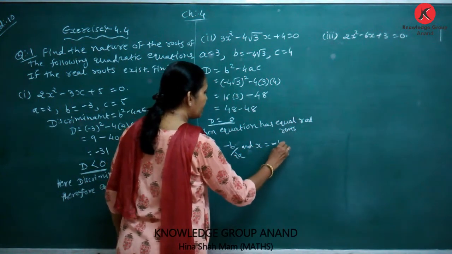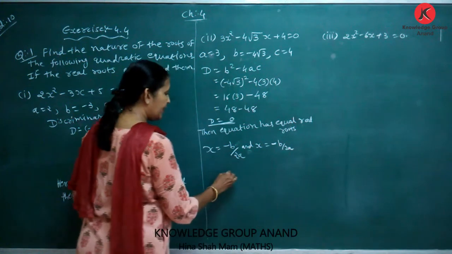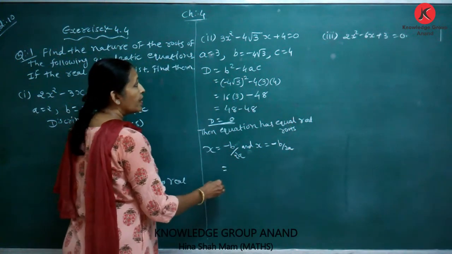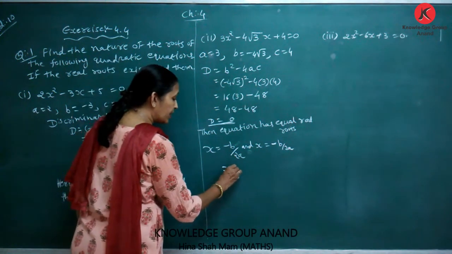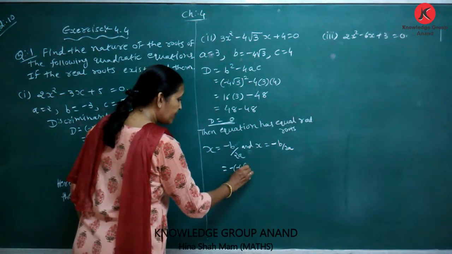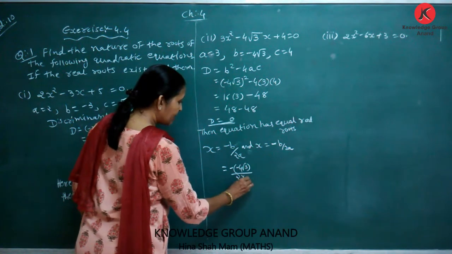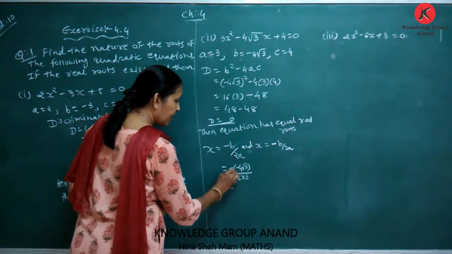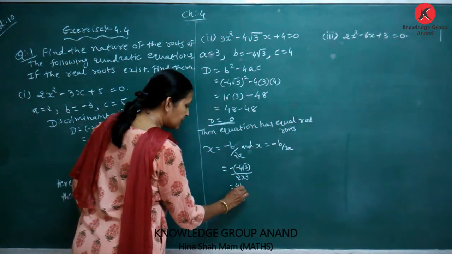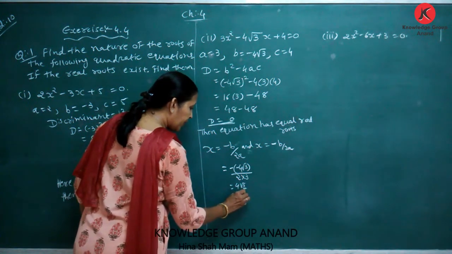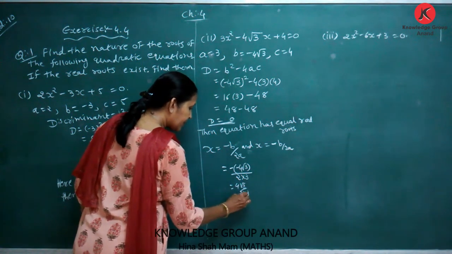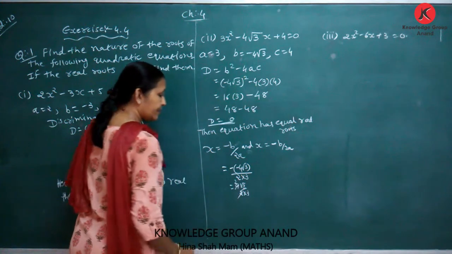x is equal to minus b upon 2a. B is minus 4 root 3, so minus minus 4 root 3 upon 2a, and A is equal to 3. Minus minus is plus, so 4 root 3 upon 2 into 3.